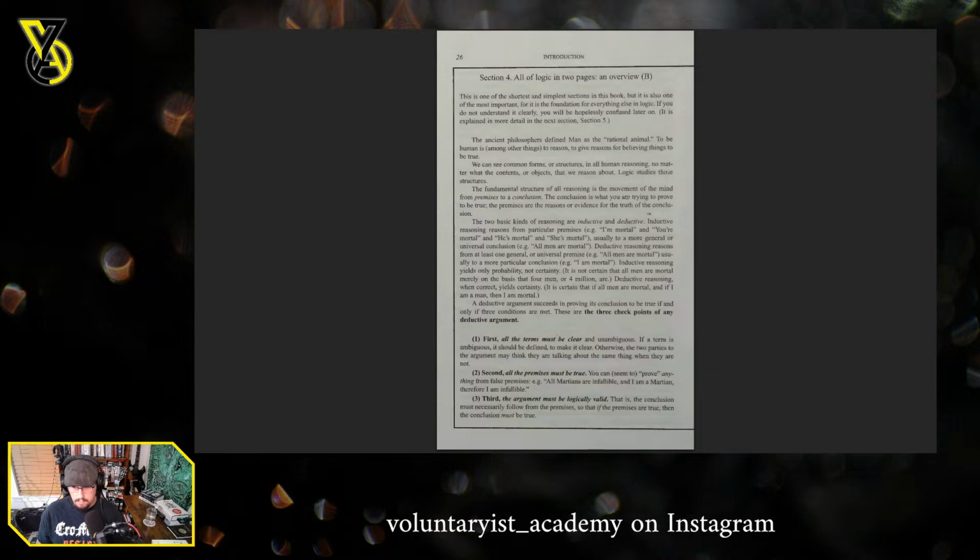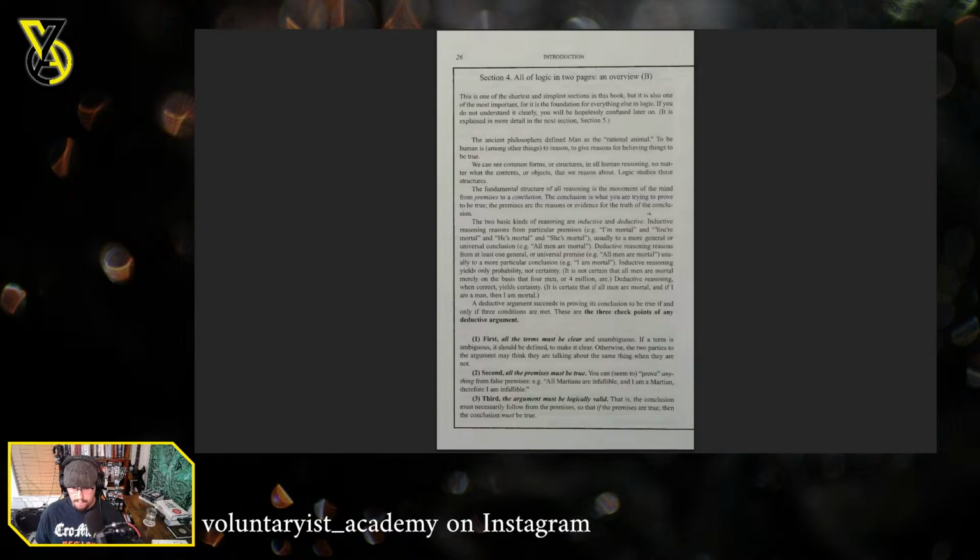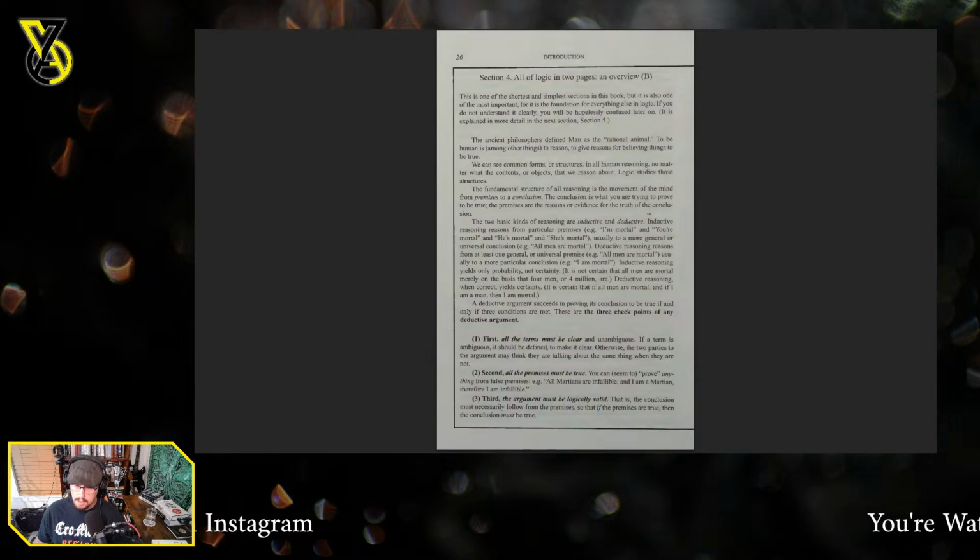You can seem to prove anything from false premises. For example, all Martians are infallible, and I am a Martian, therefore I am infallible. And third, the argument must be logically valid. That is, the conclusion must necessarily follow from the premises, so that if the premises are true, then the conclusion must be true.